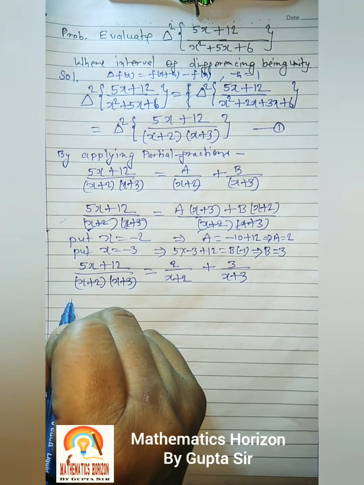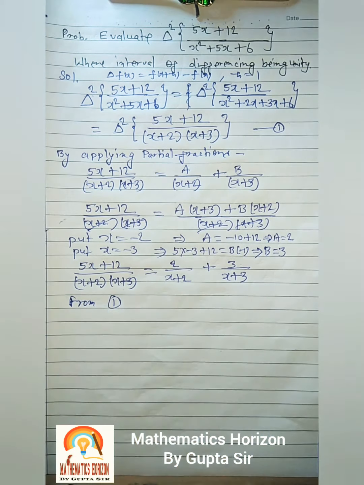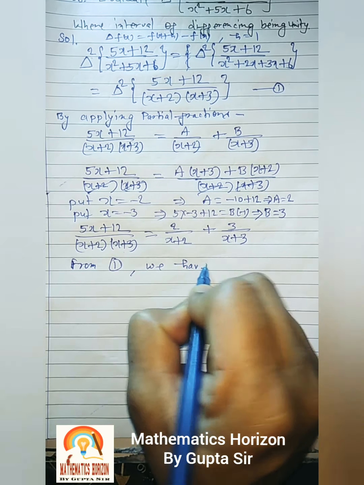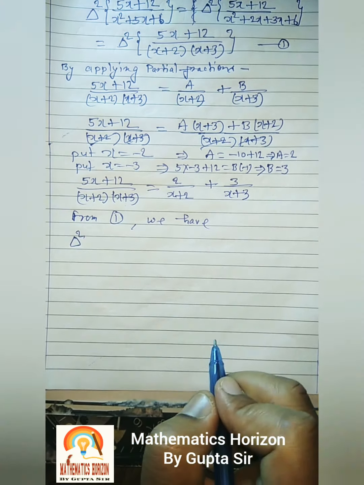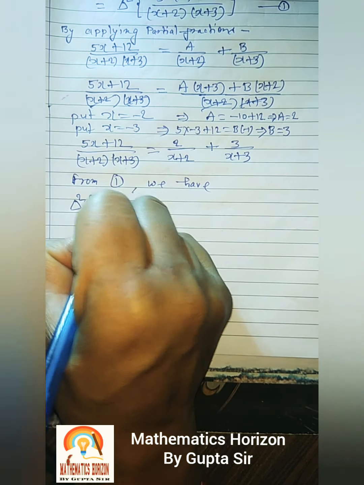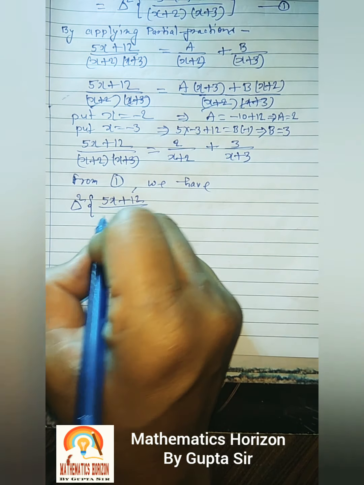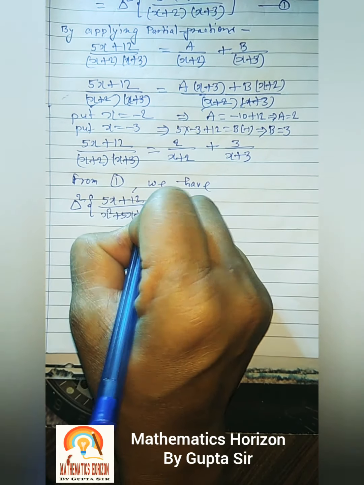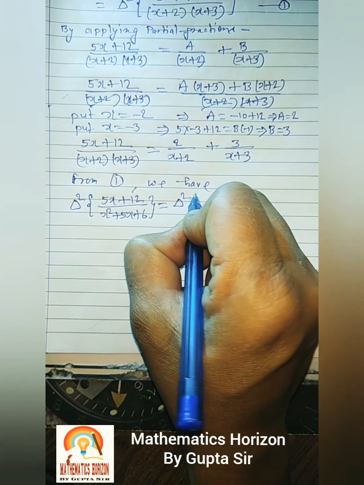Now from equation 1, del square of 5x plus 12 upon x square plus 5x plus 6 is equal to del square.